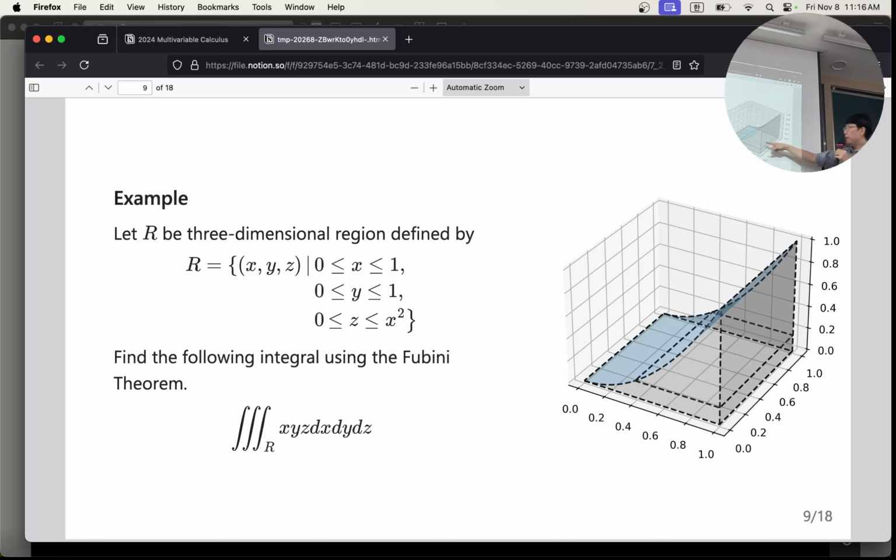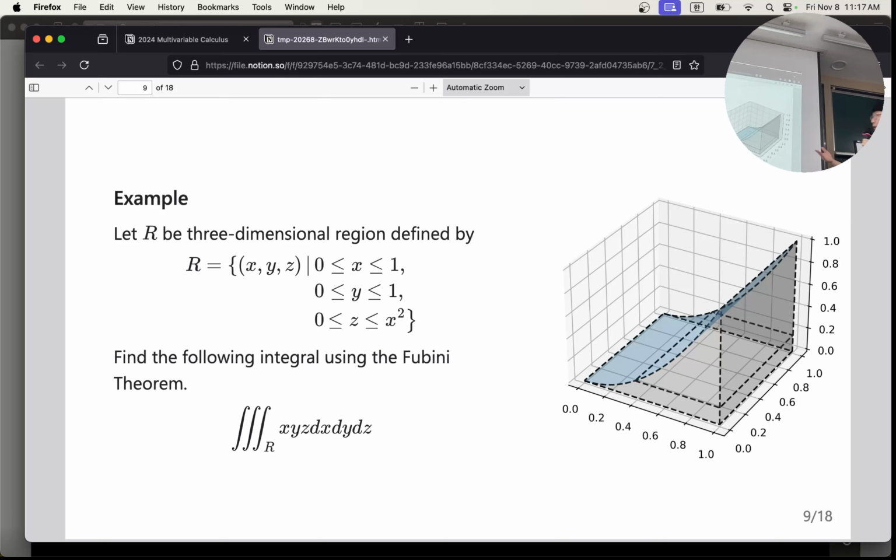So when you pick one point (x, y) in the region D, the height only depends on x, not on y. When you go vertically in the y direction, the height does not change; it is a flat surface. But when you move in the x direction, the height is changing. It's getting higher and higher, following the x squared function.